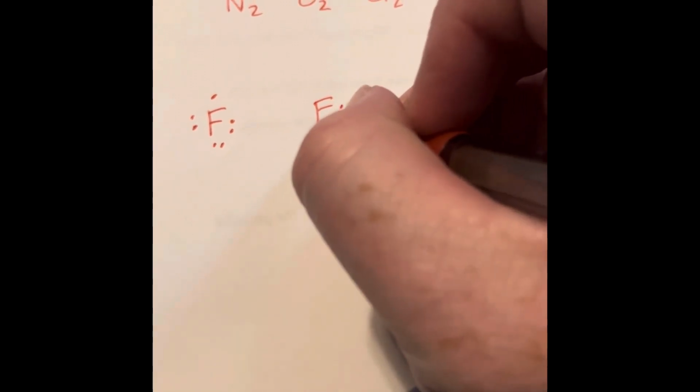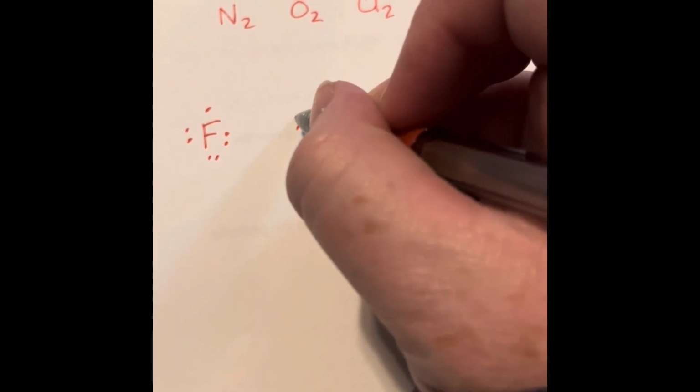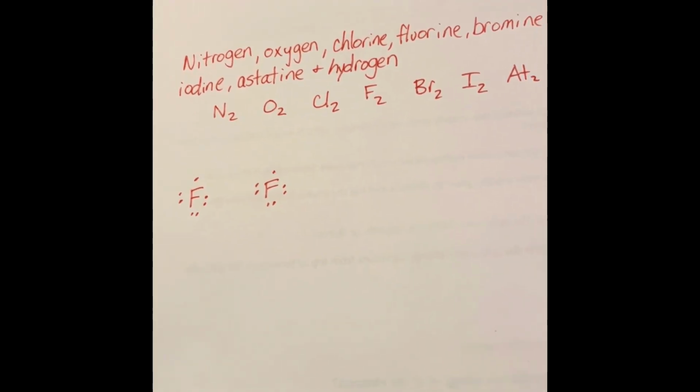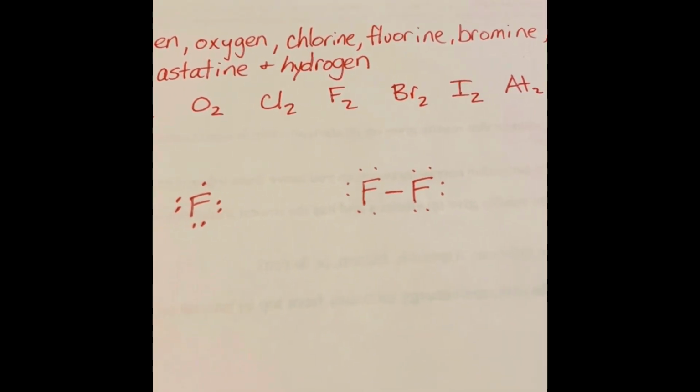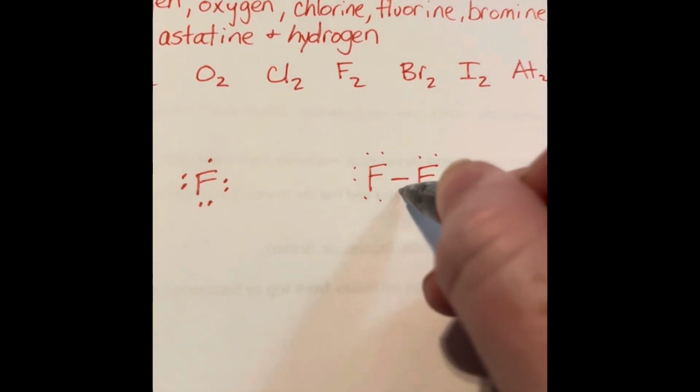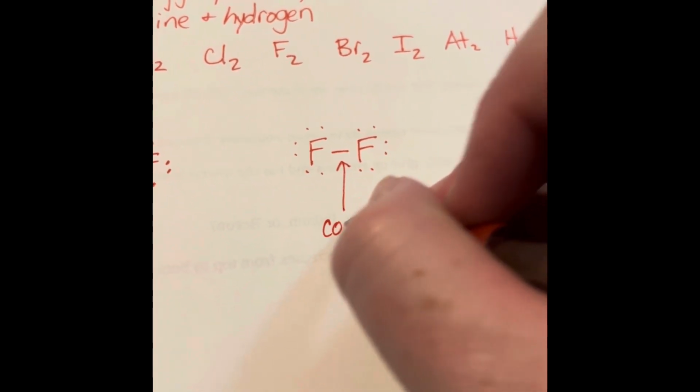And same for here. 1, 2, 3, 4, 5, 6, 7. Okay, so when I'm putting these together, they have to share electrons. That's what's going to make this work. So it ends up being a shared pair right here of electrons. And then 1, 2, 3, 4, 5, 6. 1, 2, 3, 4, 5, 6. Like this, okay? So everyone has 8 electrons. They're sharing electrons right here. This is a covalent bond.